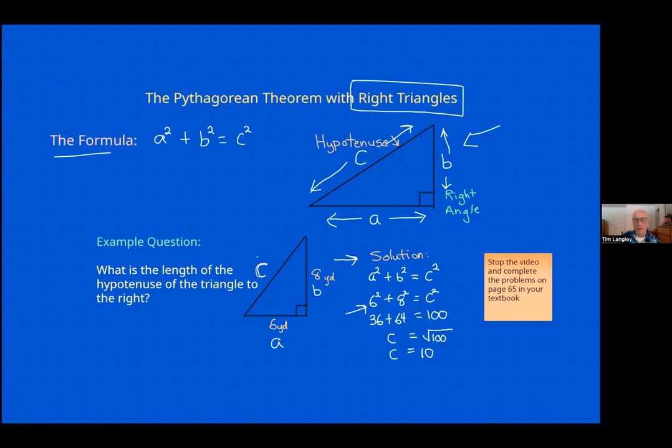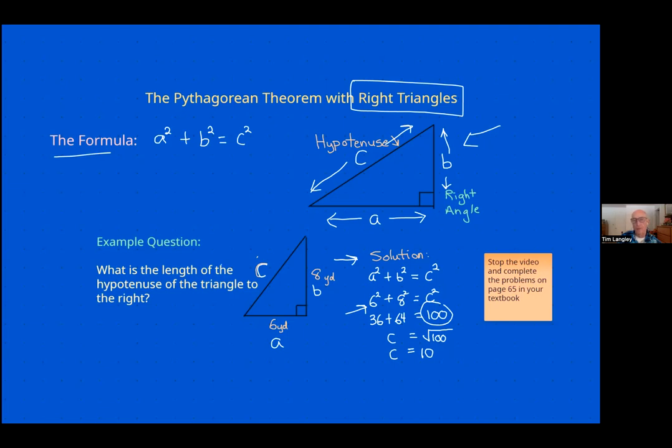Okay. Now, how do I know that? If I add 64 and 36, it gives me 100. So if you're wondering where this 100 magically appeared from, I'm adding 36 plus 64, which gives me 100. Okay, so C equals, now I'm going to slow down a little bit here.